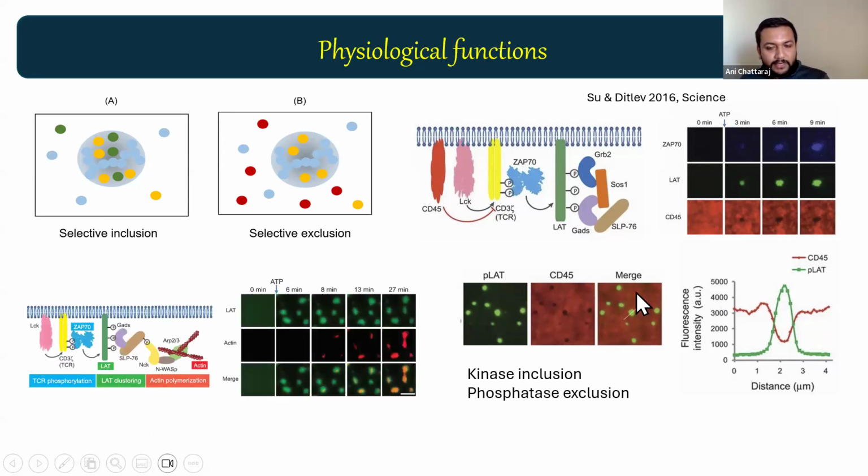And just to extend this particular system, initially you have these LAT condensates here, and you add this ATP molecule, which will enable the phosphorylation. And you can see after some point where the droplets form, we have local production of actin, actin polymerization actually. And then this is a merging of these two color panels.